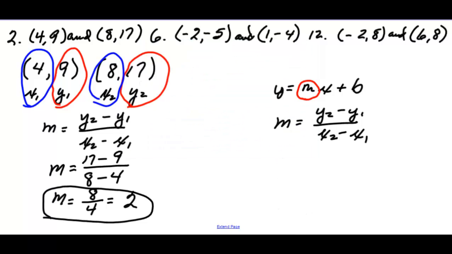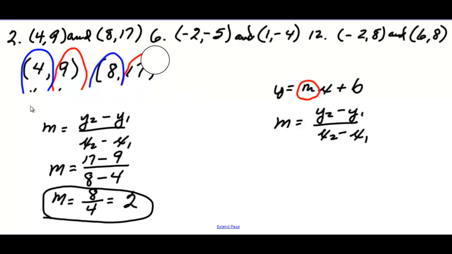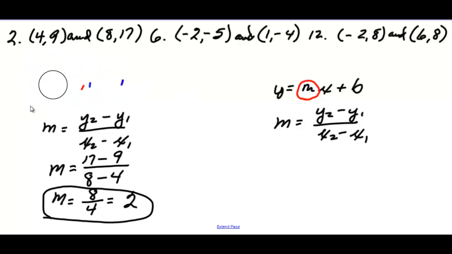I'm going to rewrite this again. I've got that one answer, but I'm going to erase these right here. And now what I'm going to do is, let's say that when I plug these in, for some reason somebody decided that for 4, 9, they're going to call this x2, y2.